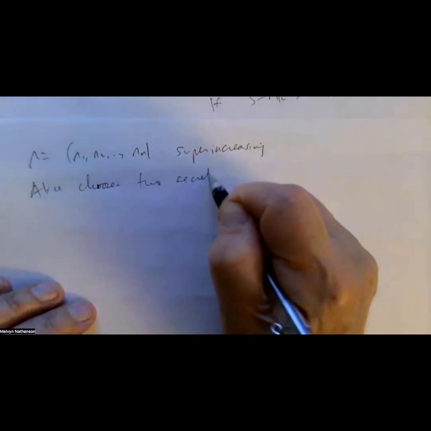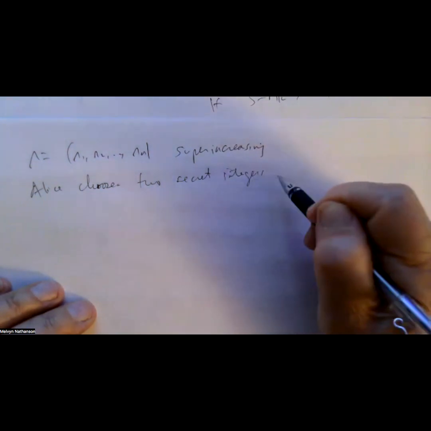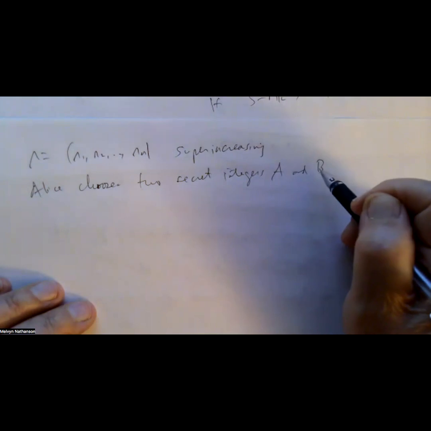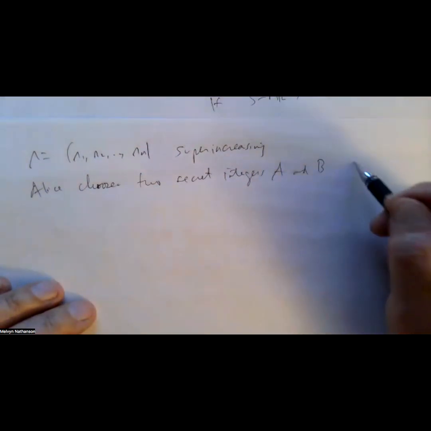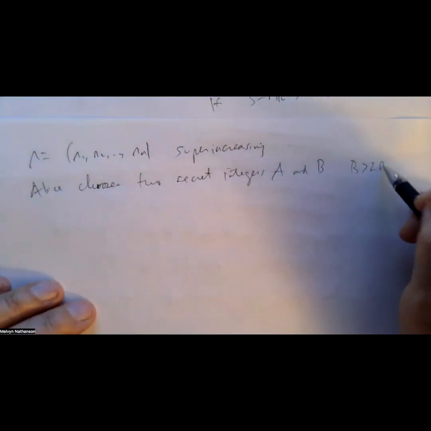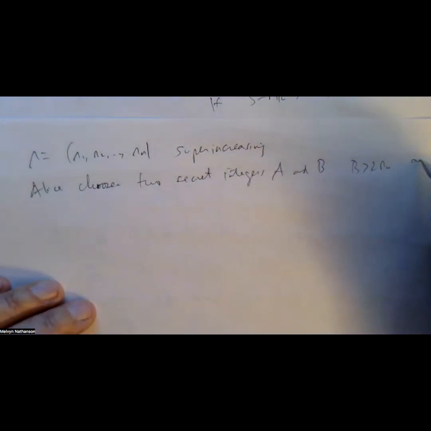She's not going to tell anyone. Alice chooses 2 secret integers, A and B, such that B is bigger than 2 times Rn, the largest element in the set, and the GCD of A and B is 1.